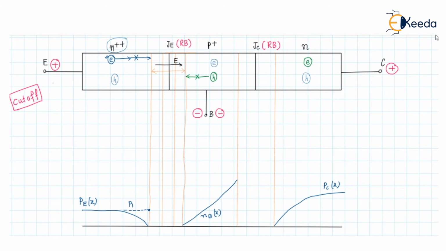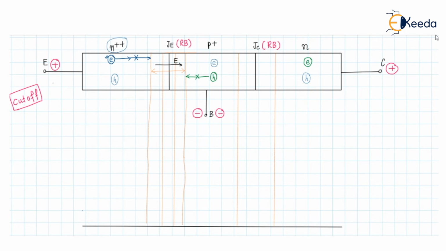Let us denote it as PE0. Similarly, there will be a minority carrier concentration at the thermal equilibrium value, and this thermal equilibrium value is NP0, and in the collector it is PC0.